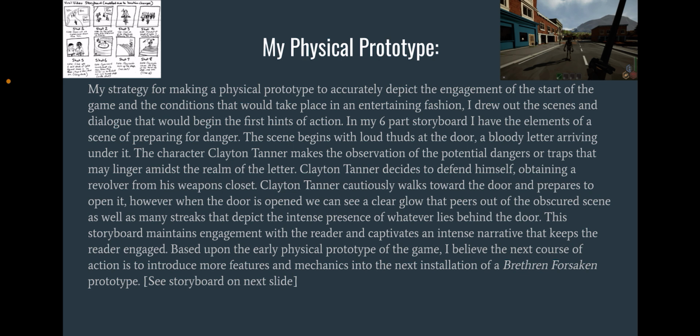Therefore, the uses of physical prototype not only stem within the base origins of the base concept, but it also is very useful in implementing new features and new concepts along the way. Now, let me advance to the next slide to display the storyboard.